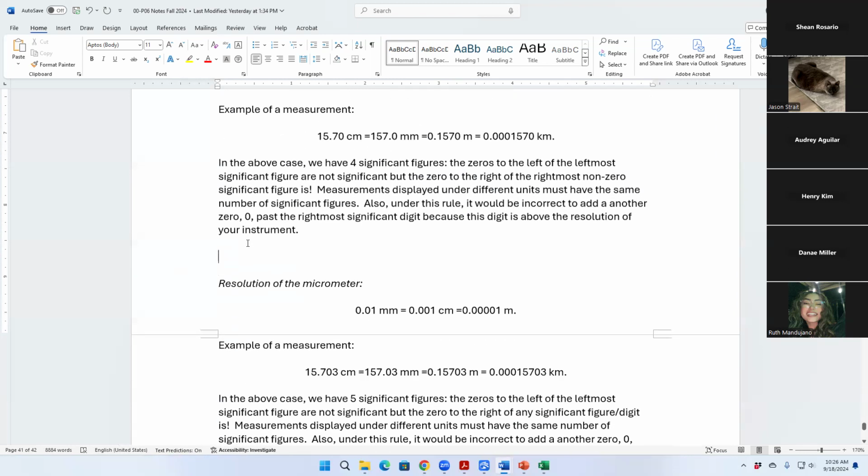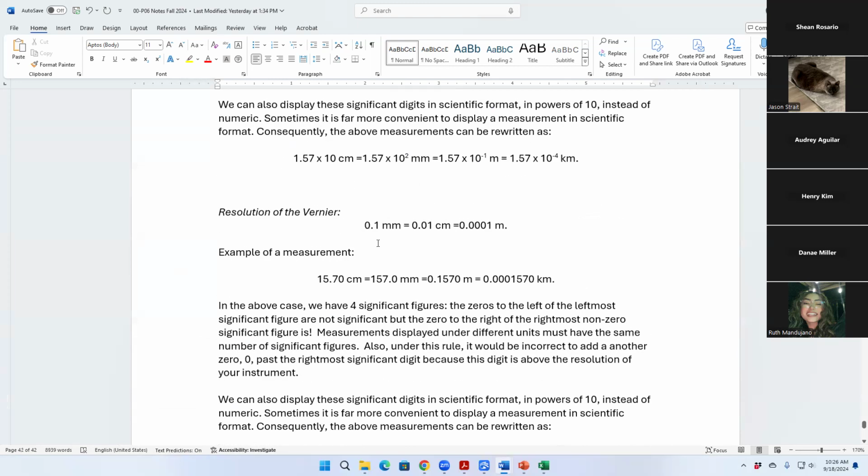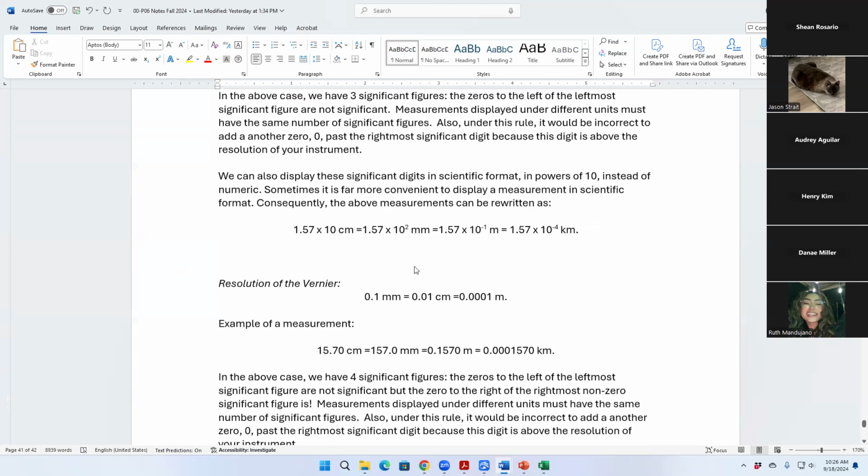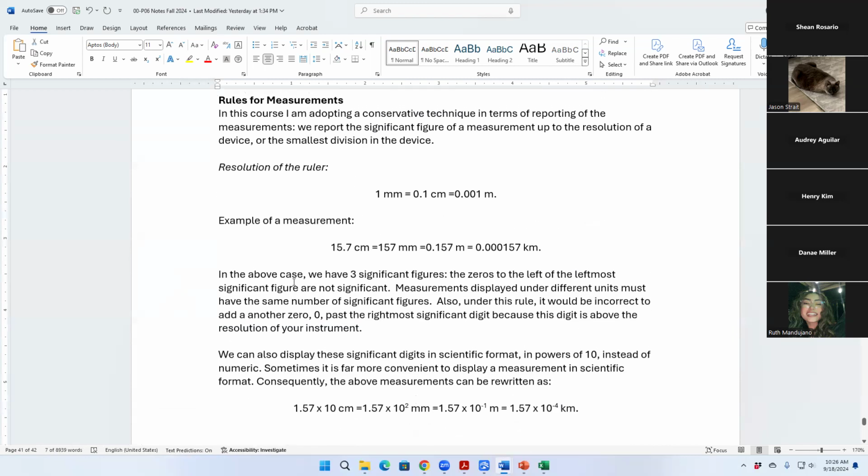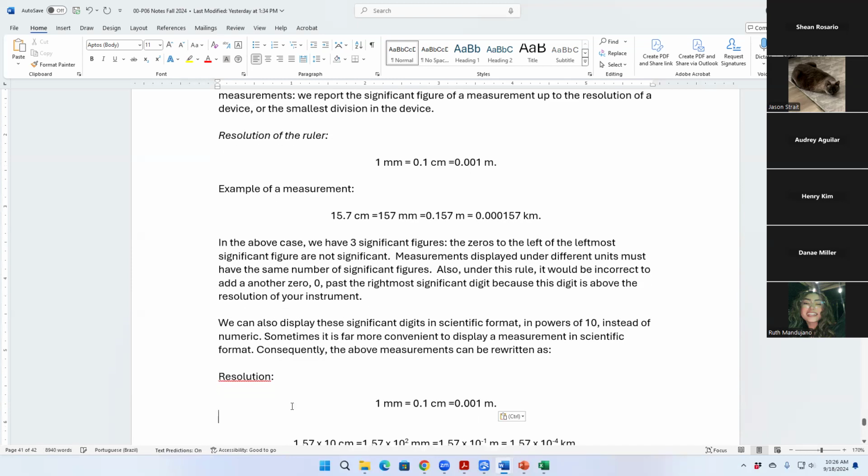This one should be the vernier, okay? Oh, by the way, here we can also write the resolution. I didn't do that, right? Resolution, let's put the resolution. Okay.